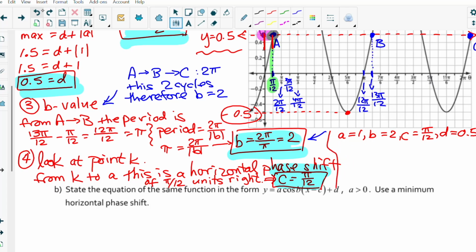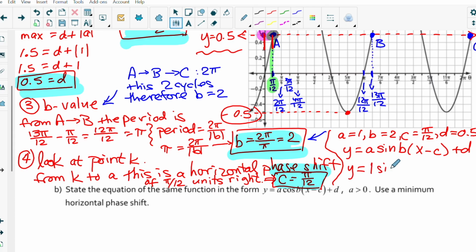I want my equation to take the form of our general sinusoidal function. It says write it in the form y equals a sine of b times x minus c plus d, where a is greater than 0. I have all four of my transformation parameters, so let's plug all our values in.